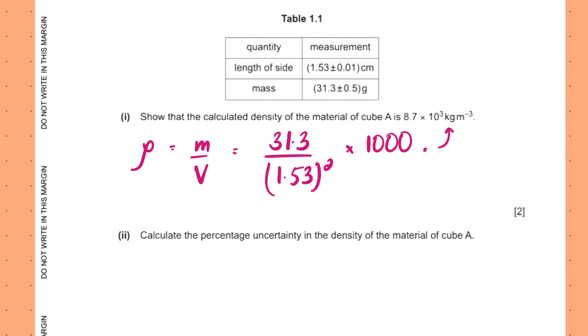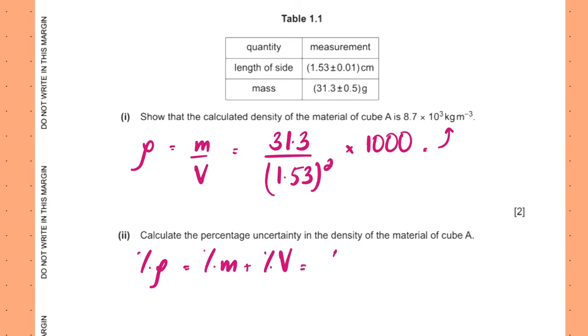Calculate the percentage uncertainty in the density of the material of cube A. So I can see that density was calculated by mass over volume. So I can say that the percentage uncertainty in density is the percentage uncertainty in M plus the percentage uncertainty in volume.